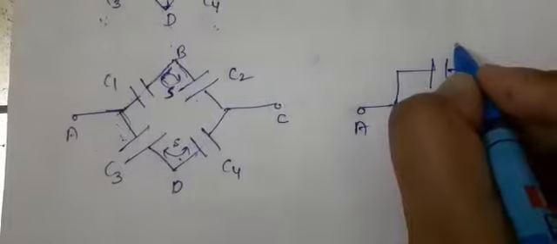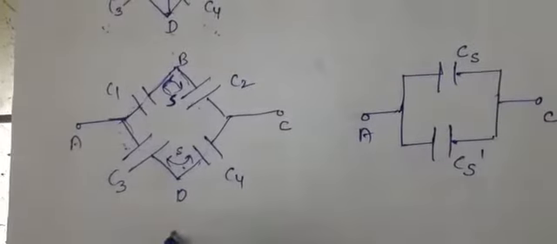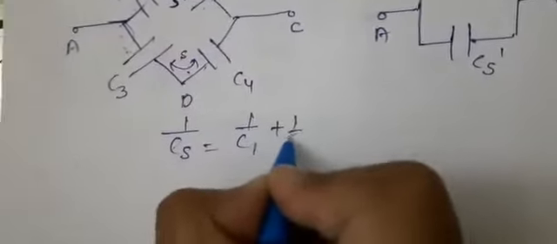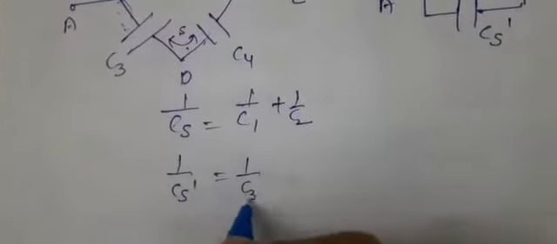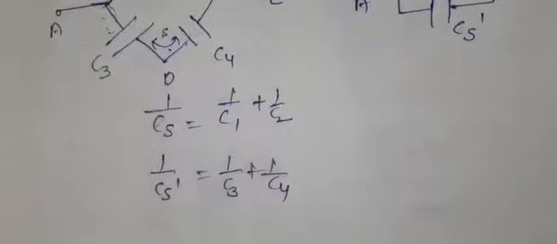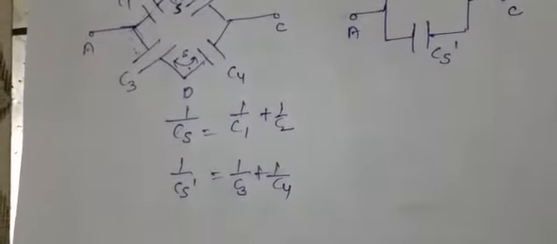Let it be CS, and this is CS dash. CS will be 1 by C1 plus 1 by C2, and 1 by CS dash will be 1 by C3 plus 1 by C4. When the values are given, you can calculate them easily.